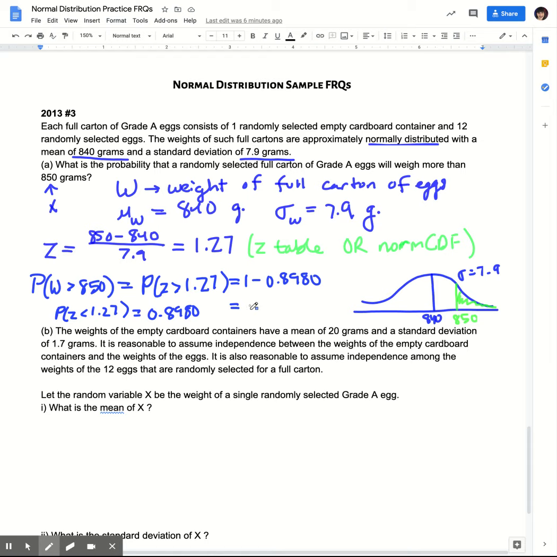So my final answer here is 0.1020. Again, you either need to write this probability notation or that probability notation. One of the two; you don't need them both.